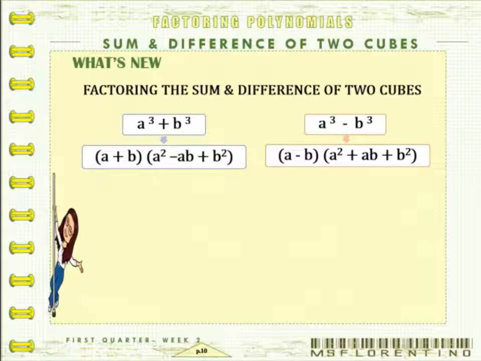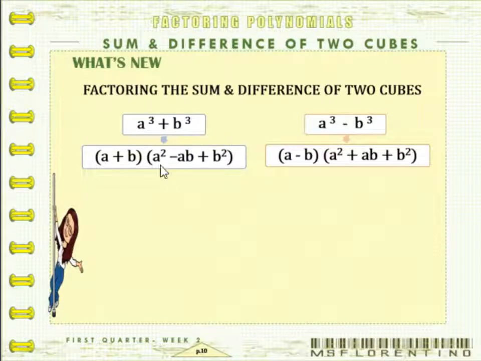Applying the pattern on special products, we can factor out the sum and difference of two cubes. Remember, factoring is the inverse of multiplying polynomials. For instance, we factor a cubed plus b cubed or a cubed minus b cubed.